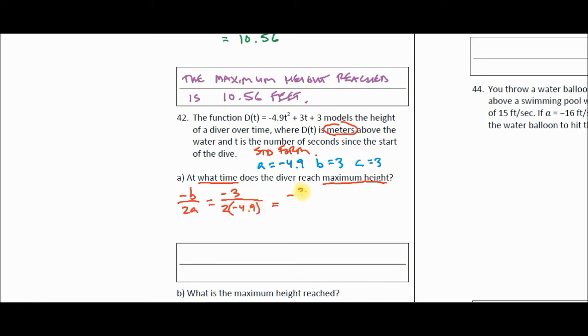Put that in our calculator, and you will get negative 3 over negative 9.8. And when you put that in your calculator, the final answer is going to be, this is rounded, 0.31. It ends up close to being the same as our previous question.